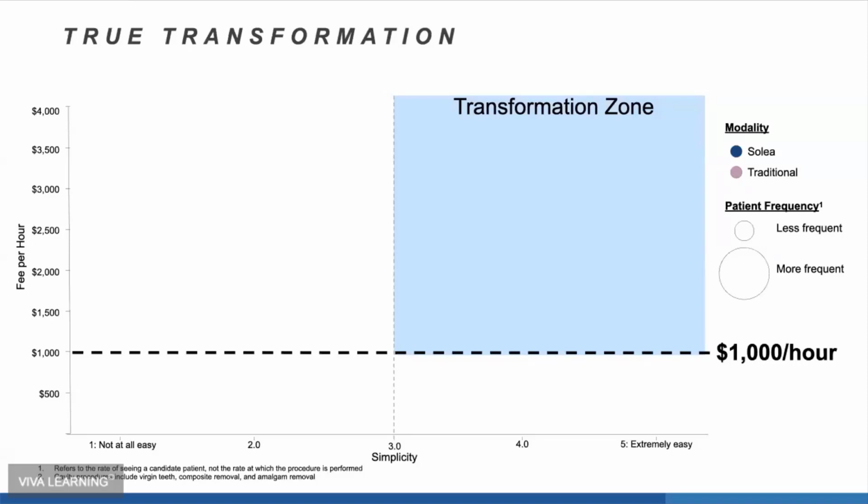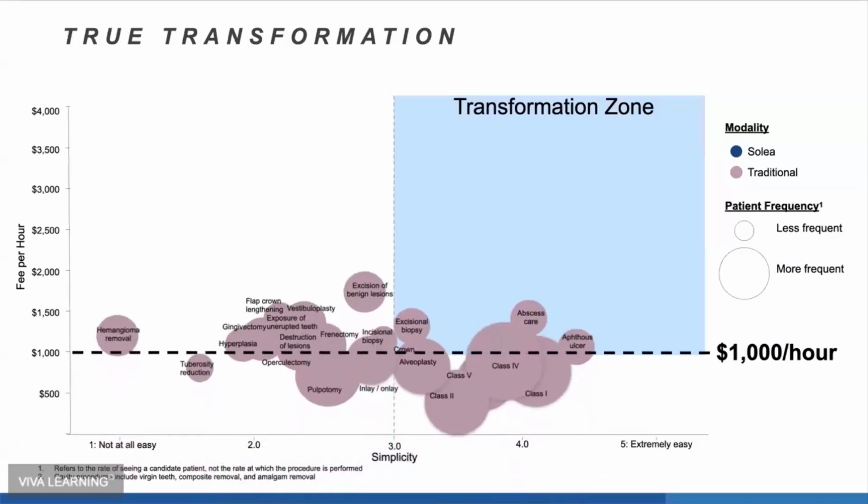And they basically said, on a scale of 1 to 5, can you tell us how long or how easy it is to do dentistry the traditional way when it comes to like 30 different procedures? And then they also asked what their fee per hour is for how long it takes to do those procedures. And this is the result of that study.